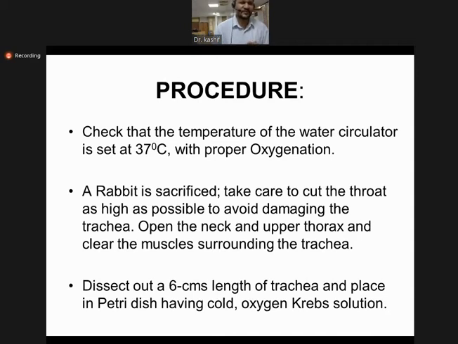Then you sacrifice the rabbit and take out the trachea from its throat. Your target is the spiral muscles of the trachea, on which you will perform the practical. We dissect out a 6 centimeter piece of the trachea, not the whole trachea, and then dip it into the crab solution.